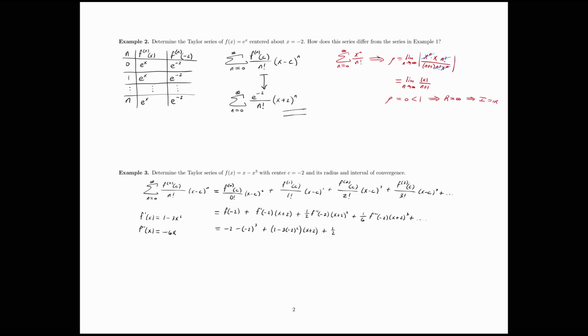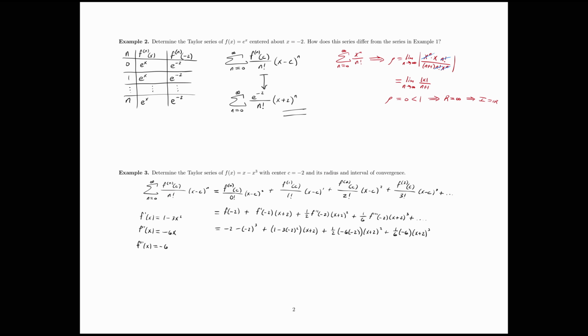So this would be a half times negative 6 times our input, negative 2. X plus 2 quantity squared. And a sixth times our third derivative, f triple prime of x, which is negative 6. So negative 6. And then we have x plus 2 cubed.